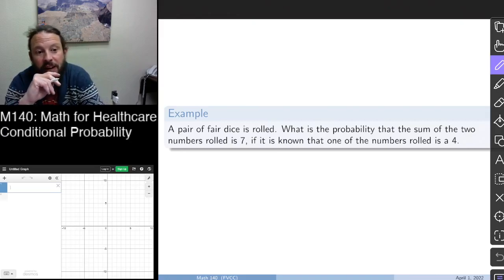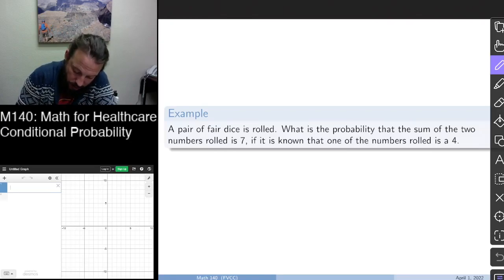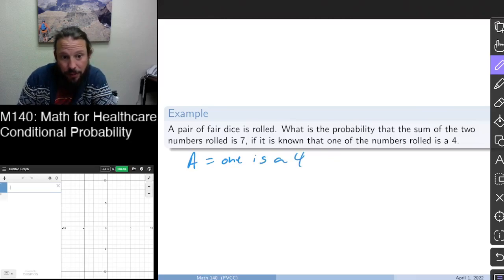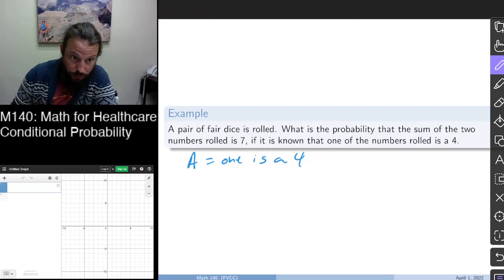Let's suppose a pair of fair dice is rolled. What is the probability that the sum of the two numbers rolled is a 7 if it is known that one of the numbers rolled is a 4? Let's call A the event that at least one of the dice is a 4, either one, so there's double counting there.